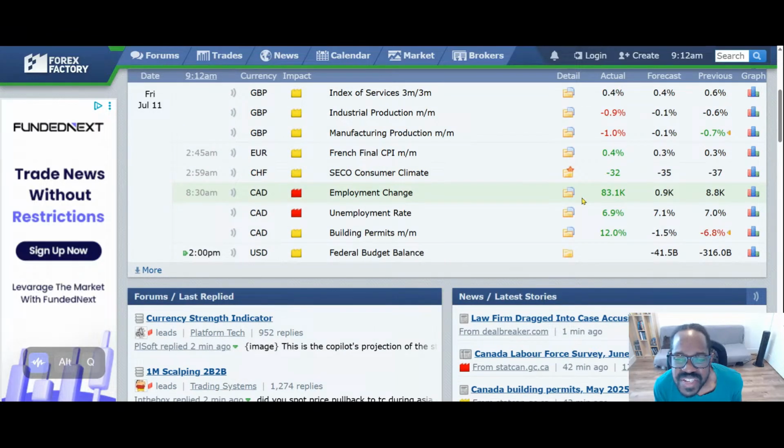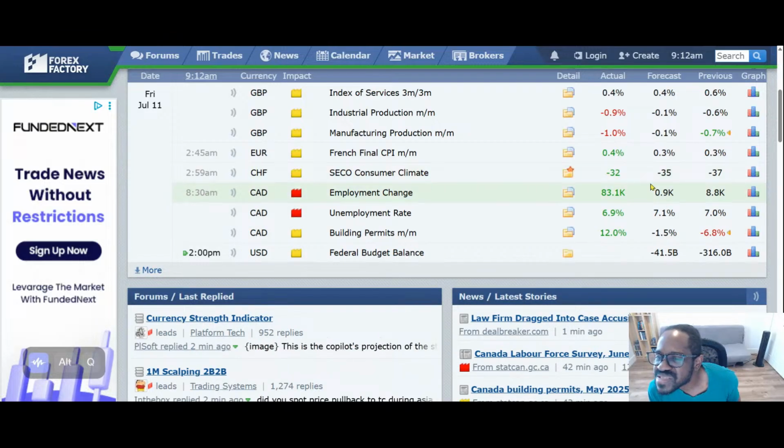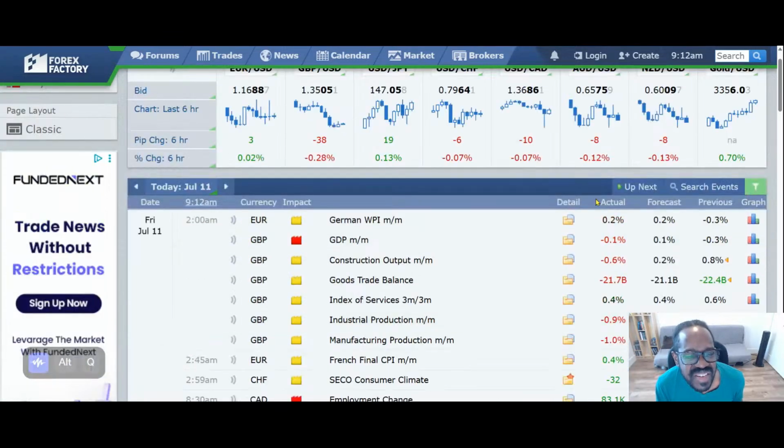Unemployment change, 83.1K, and we're expecting 0.9K. There's an error here, but okay, 83.6K. So that seems like it would be the right figure.